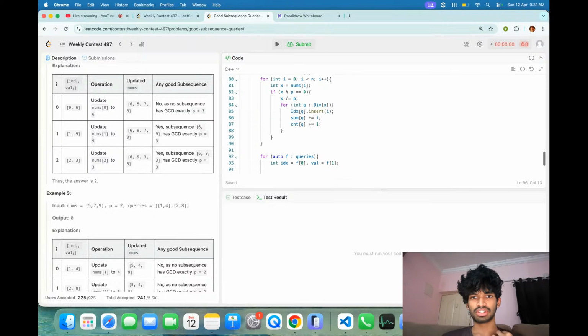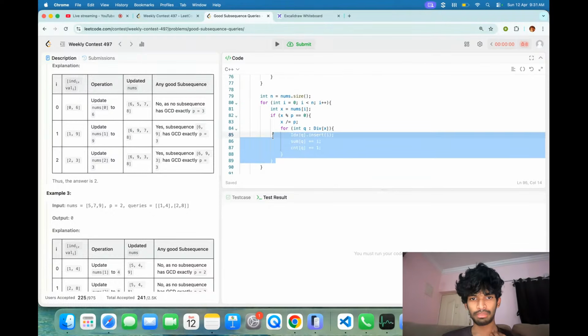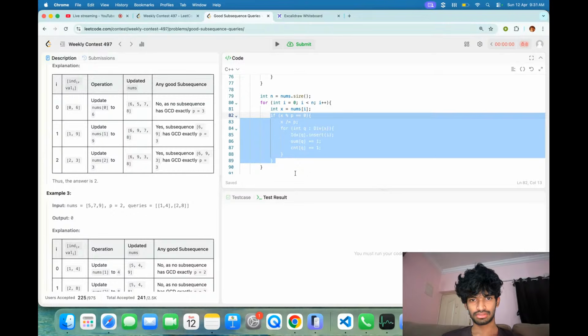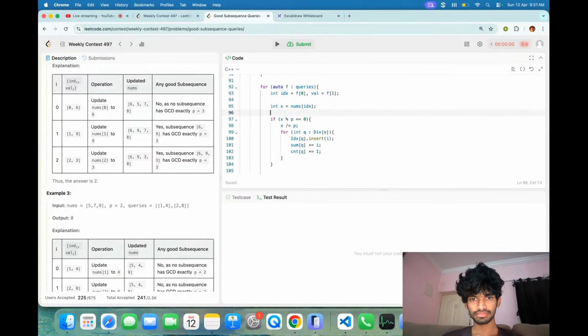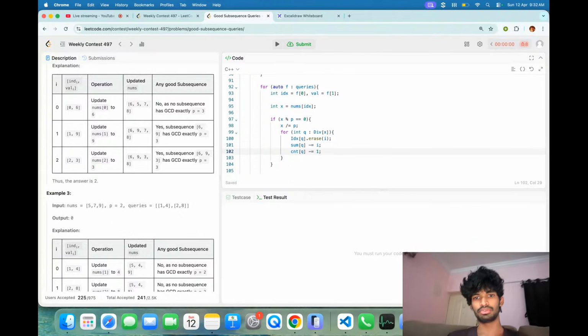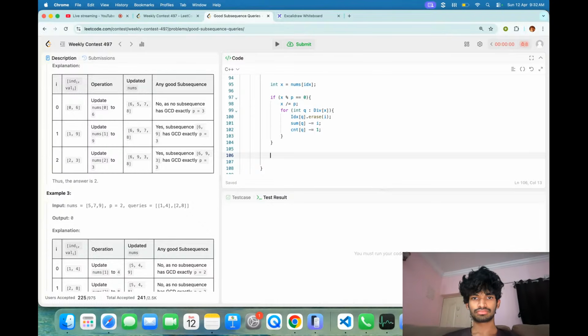It's 0-based index, I've just checked that. And then you have to update these things. These are very clear. But you have to erase now for all the divisors. You have to remove this from sum, you have to decrease the count. And then you should update nums of idx to val.